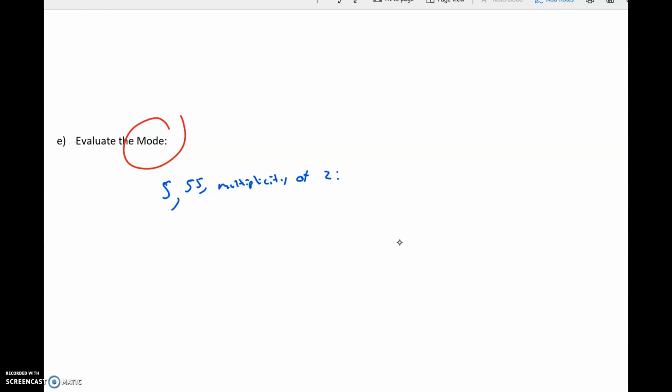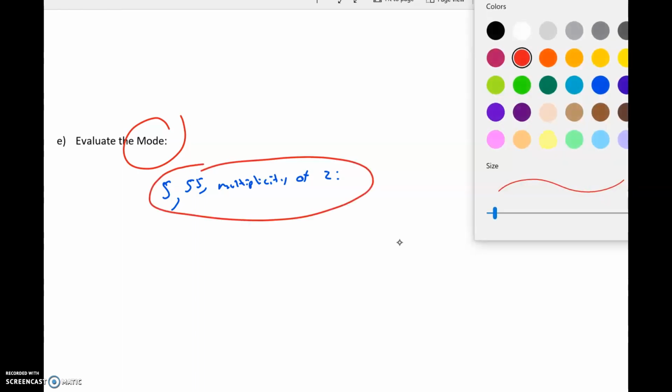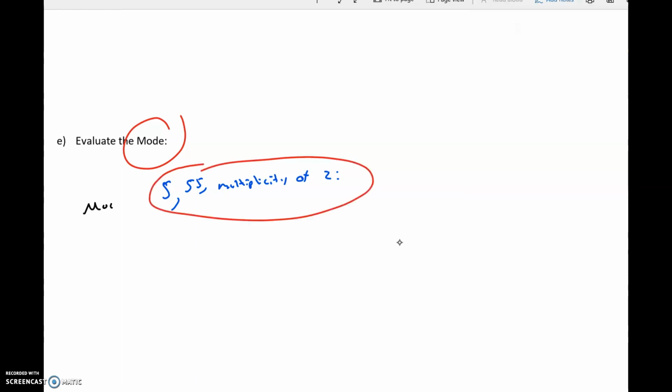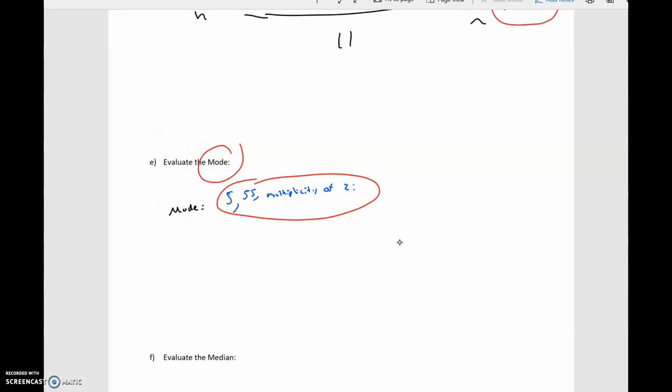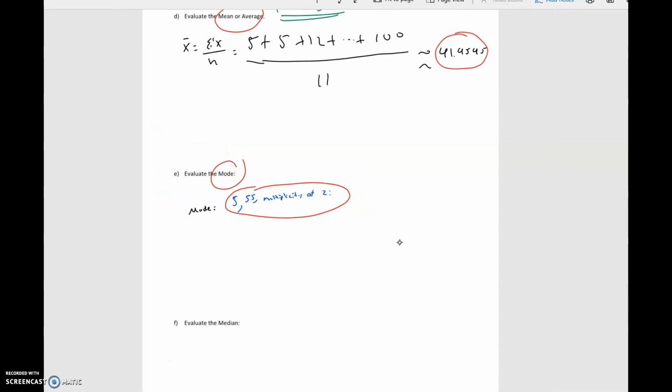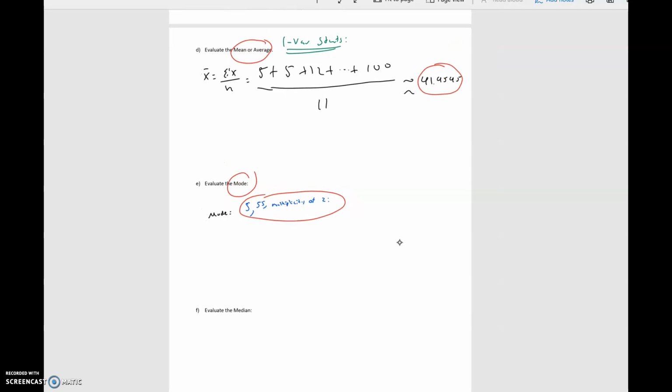What this actually means is that anybody who looks at this data set can see that you have a 5 and a 55, and those repeat a total of twice. If you were to have more values, then you would be concluding that there's a different multiplicity.